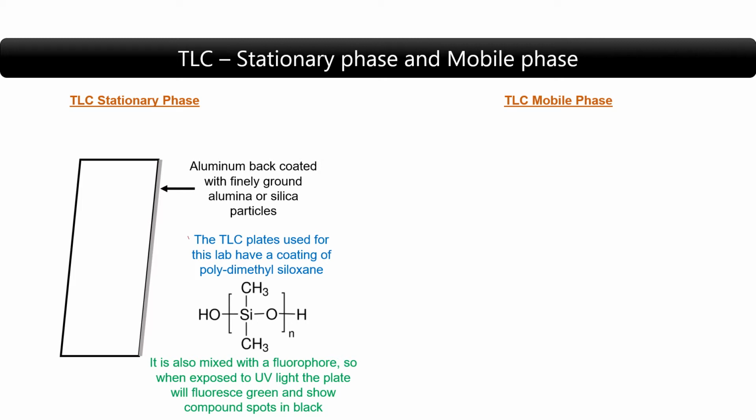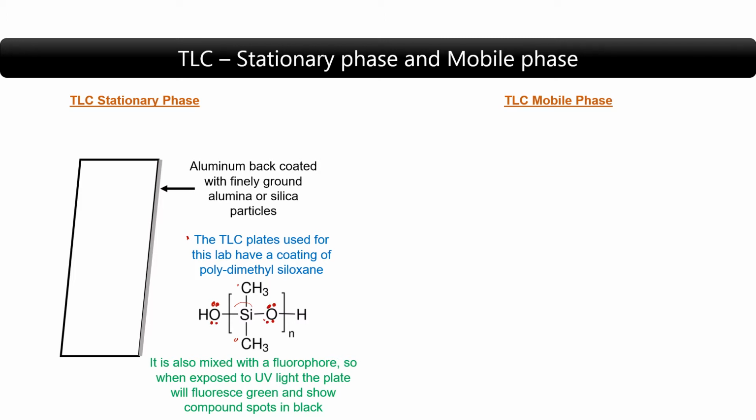The TLC plates that we use for this lab have a coating of a material made out of polydimethylsiloxane. Basically, it's a polymer made of multiple repeats of dimethylsiloxane. There is a silicon atom with 2 methyl groups and 2 OH groups, and we know that oxygen is highly electronegative.